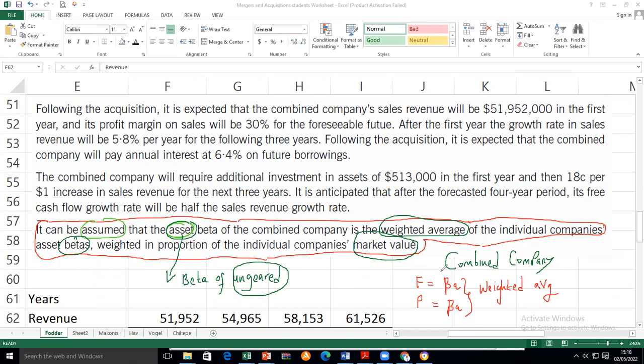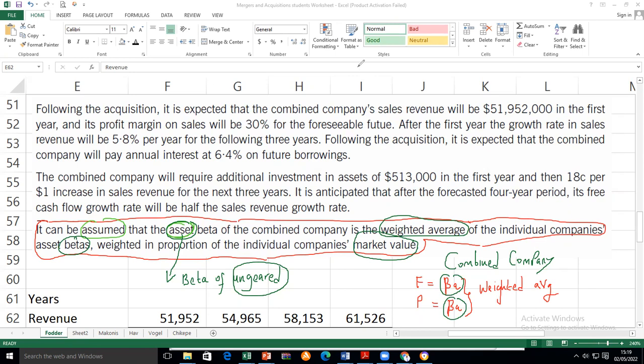First of all, we need asset betas, and then we average them. The next step is, how do you convert an equity beta into an asset beta?